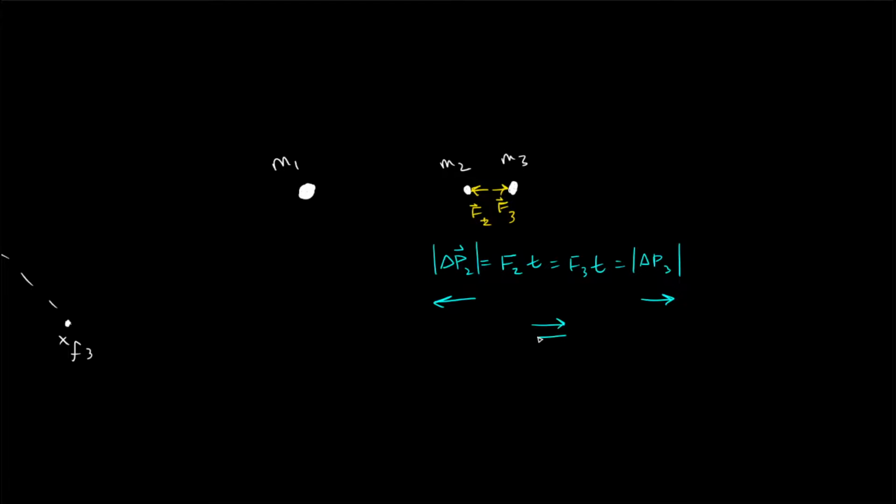We add them together, and they add to 0. So the net change in momentum between these two pieces during and from the explosion is 0, and that's the change in momentum from before the explosion to after the explosion. So if m1 has some momentum, then over here the momentum of m2 plus the momentum of m3 has to equal the momentum of m1, because there was no change in momentum between m2 and m3.